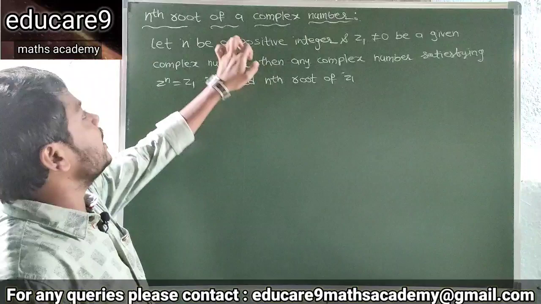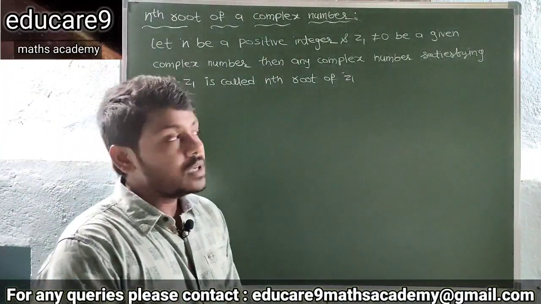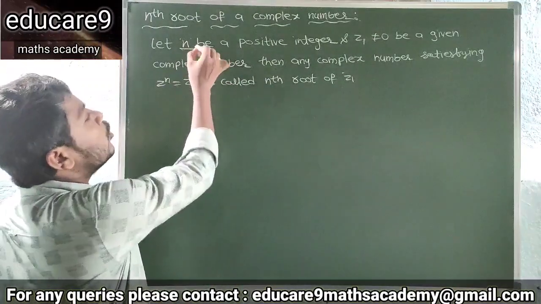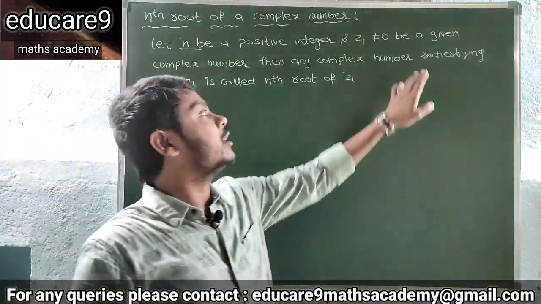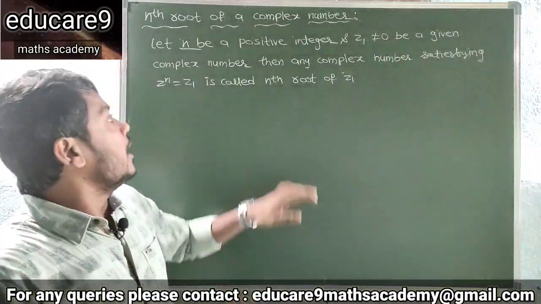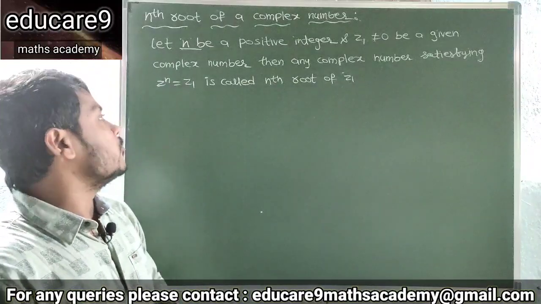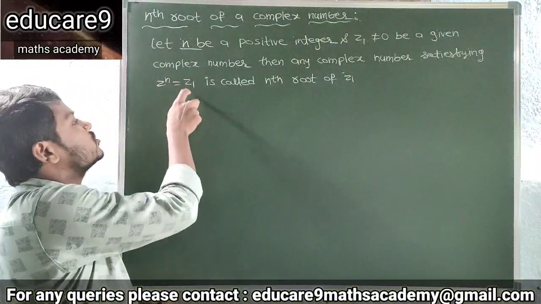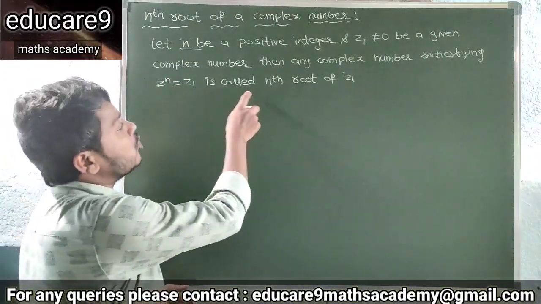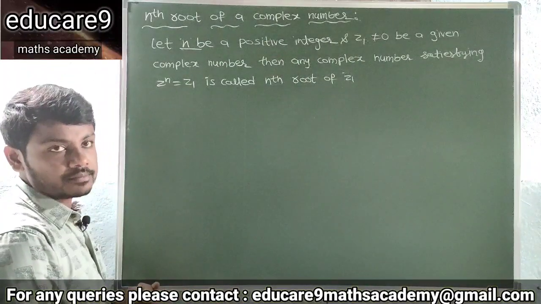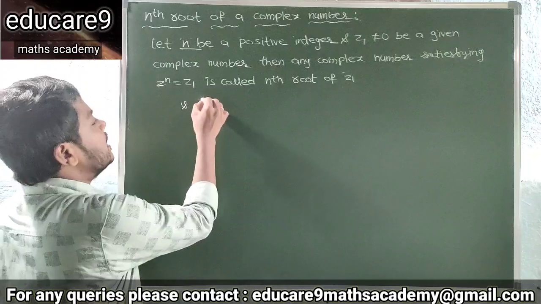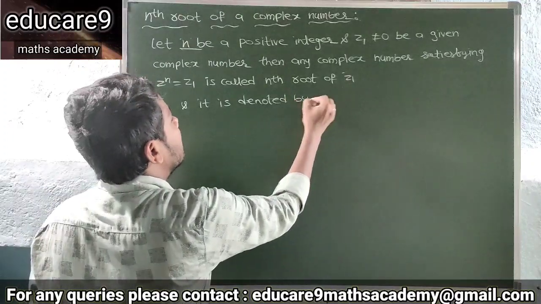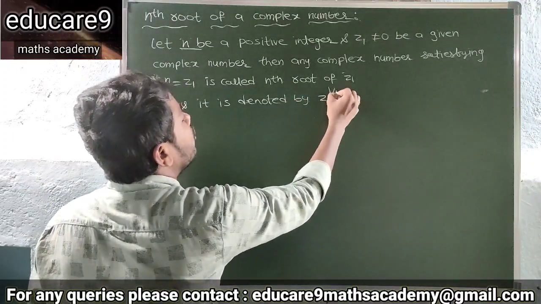See here, next one, the nth root of a complex number. Let n be a positive integer and z1 be any complex number. Then any complex number z satisfying z power n equals z1 is called an nth root of z1, and it is denoted by z1 power 1 by n.